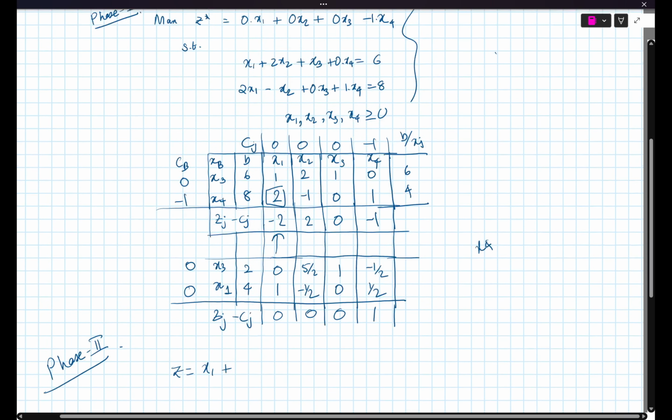Now if you look at it carefully, we have a non-basic solution with 0 value. So what does that mean? If I have a non-basic solution with 0 value, any guess?